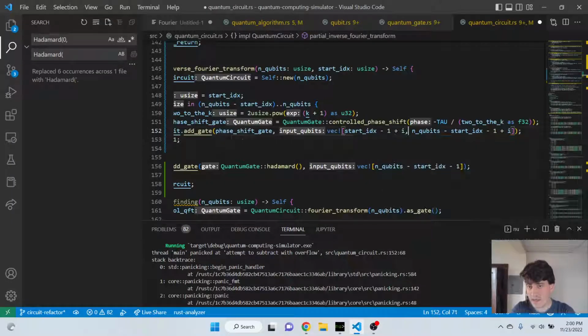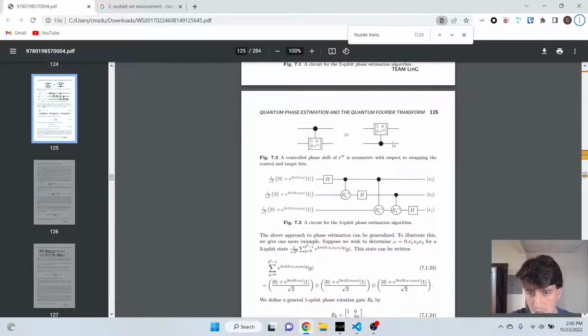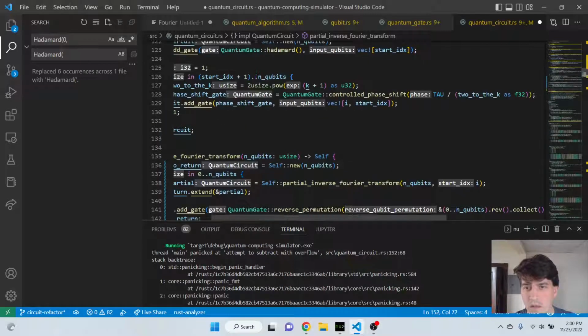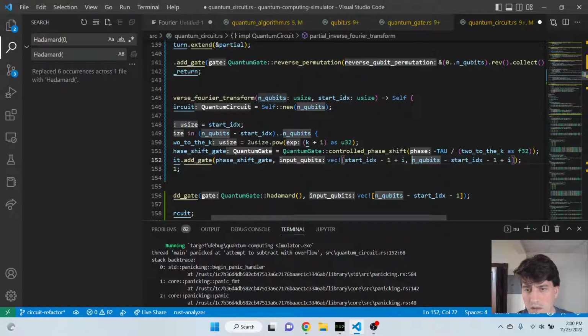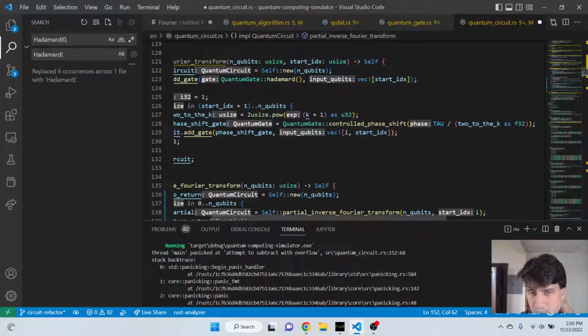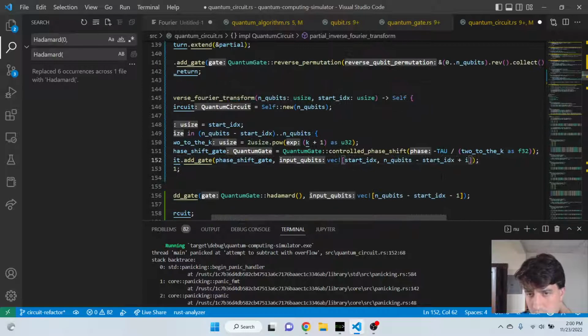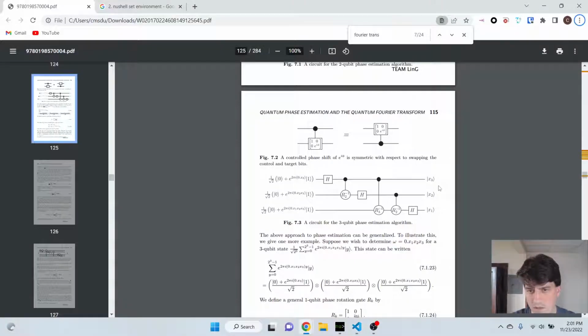I get it, I think. It needs to, hang on. Previously we were doing I up to the start IDX. So now shouldn't we need to be doing the start IDX down to something? Seems like yes.